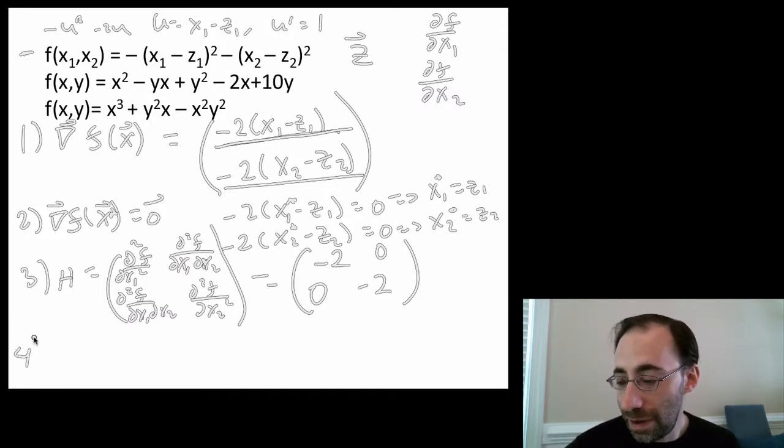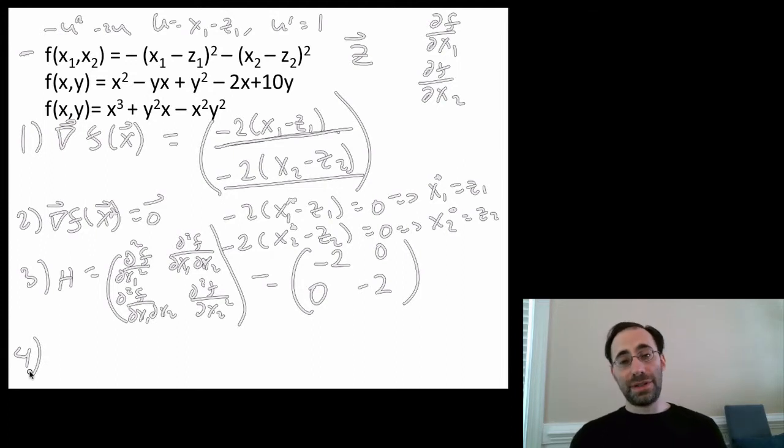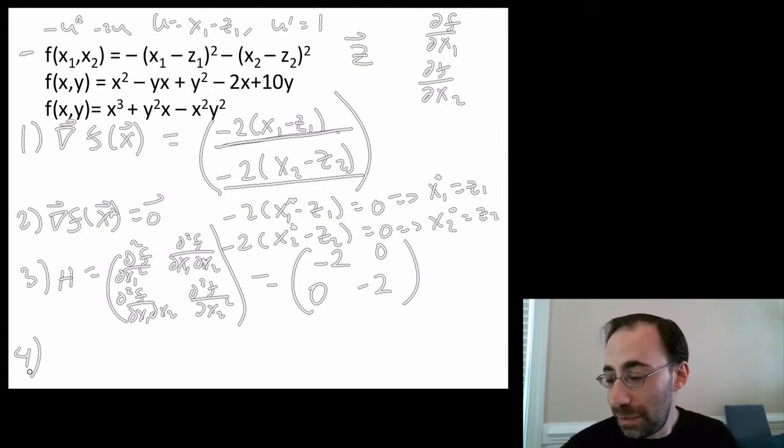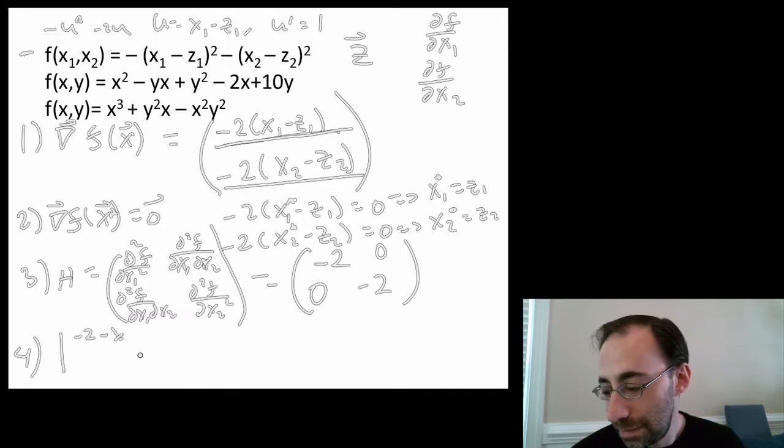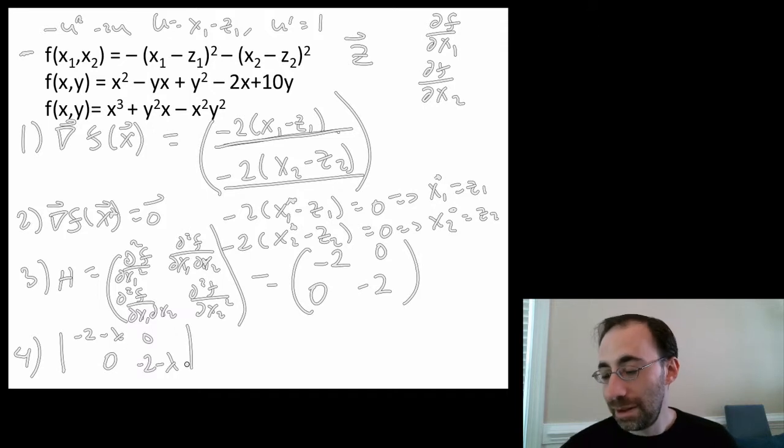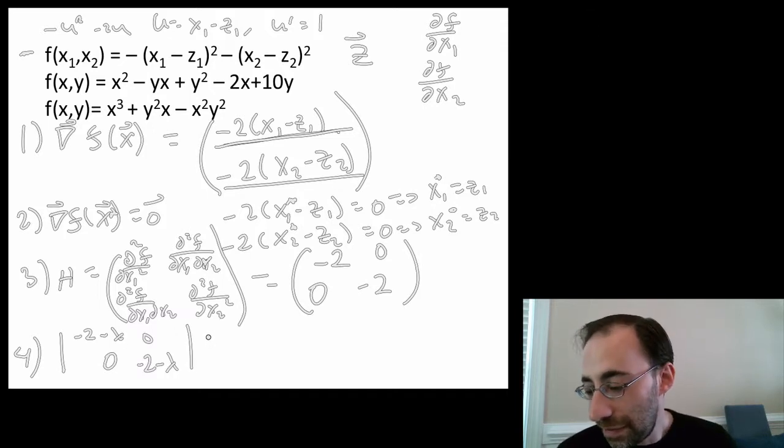That's step 3. To do step 4, we want to know if it's positive or negative semi-definite. Well, we can check positive, negative, definite. We can just look at this. Well, -2 and -2. We can find our eigenvalues. Okay, that's the eigenvalue equation.